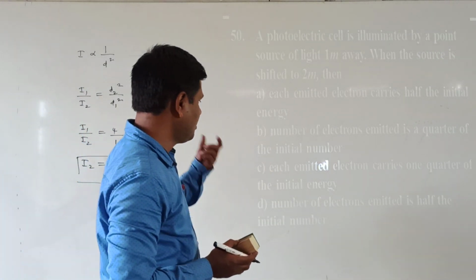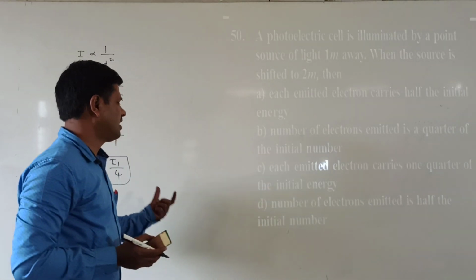The number of emitted electrons depends upon the intensity.